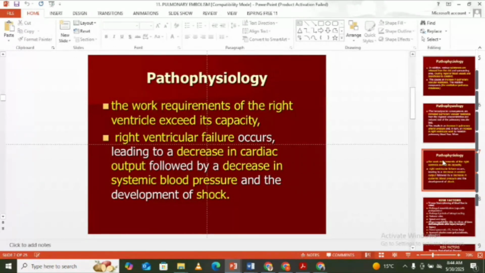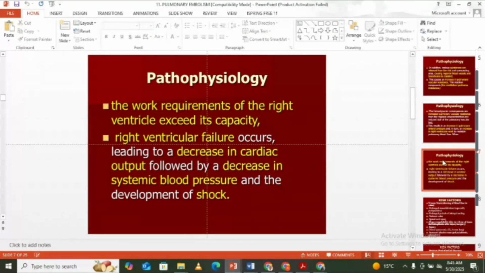So if the right ventricle overworks to an extent that it exceeds its capacity, then it is going to fail, and we are going to have what we refer to as right ventricular failure. That means there will be a decrease in cardiac output, which will lead to a decrease in systemic blood pressure, and the patient will go into shock.